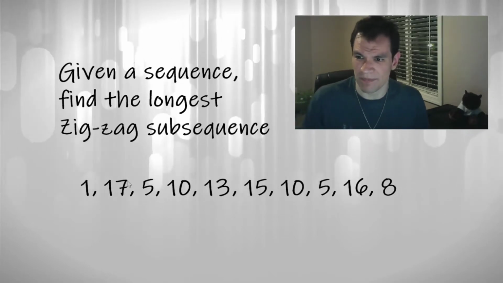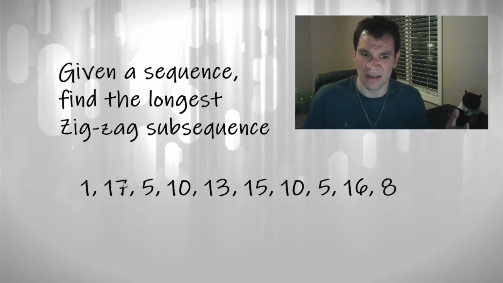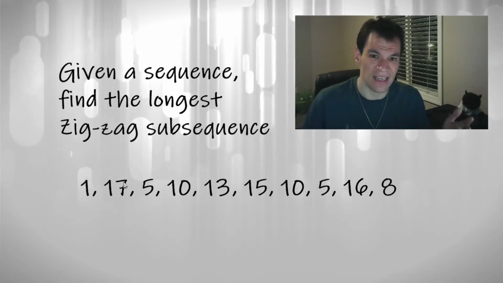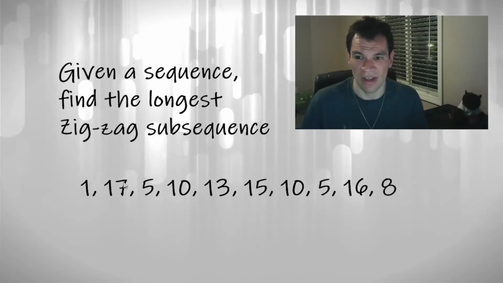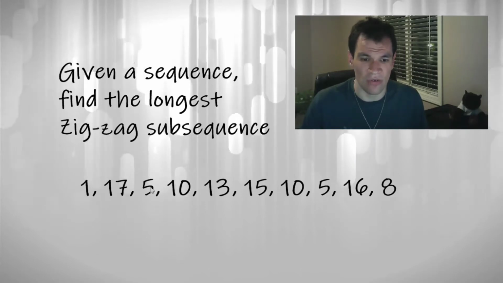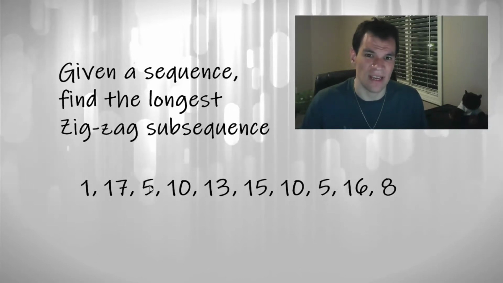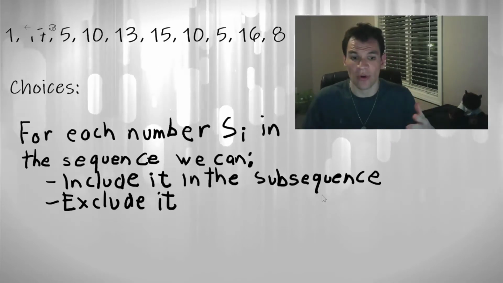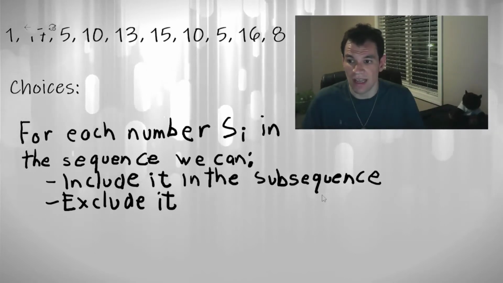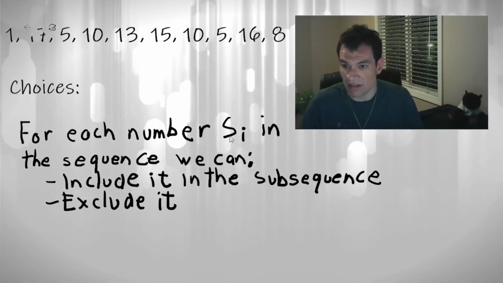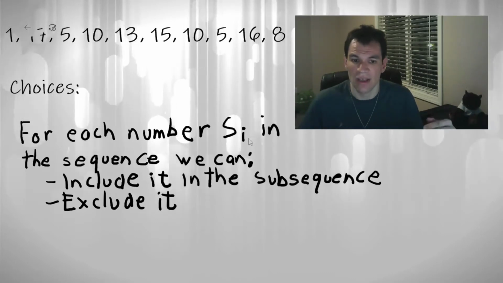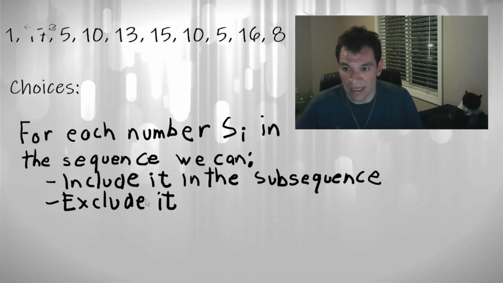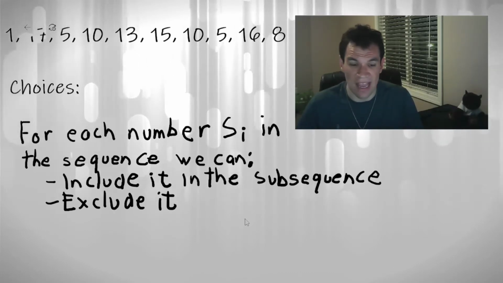Then check the second number and decide if we include it or not. Then go for the third and decide, and so on. So we can summarize the choices as: for each number s sub i in the sequence, we can decide whether to include it in the subsequence or exclude it.